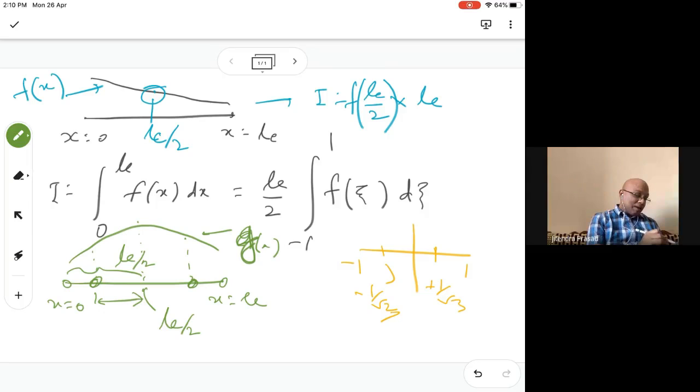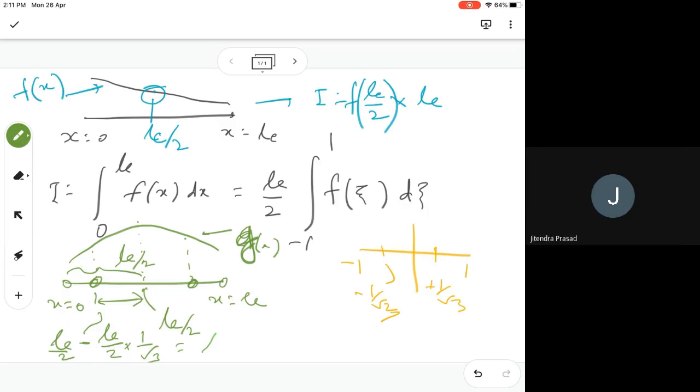That value will be LE over 2 minus LE over 2 multiplied by 1 over root 3. So the point you consider is LE over 2 times (1 minus 1 over root 3). Similarly, here it will be LE over 2 times (1 plus 1 over root 3).